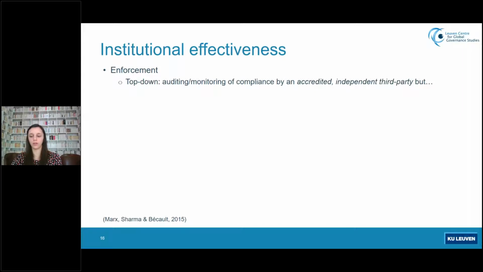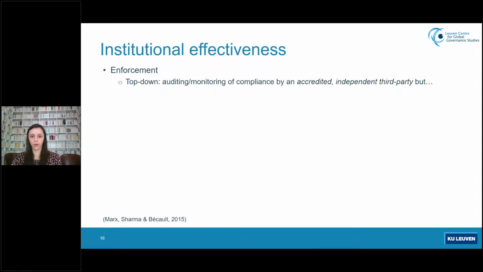And this monitoring is conducted by an accredited independent third party who fills out basically a questionnaire or a checklist to verify that VSS adopters meet the standards. And this checklist approach really has the advantage that it quantifies the conditions on the ground, and it is standardized, so it can allow for comparisons among different adopters.